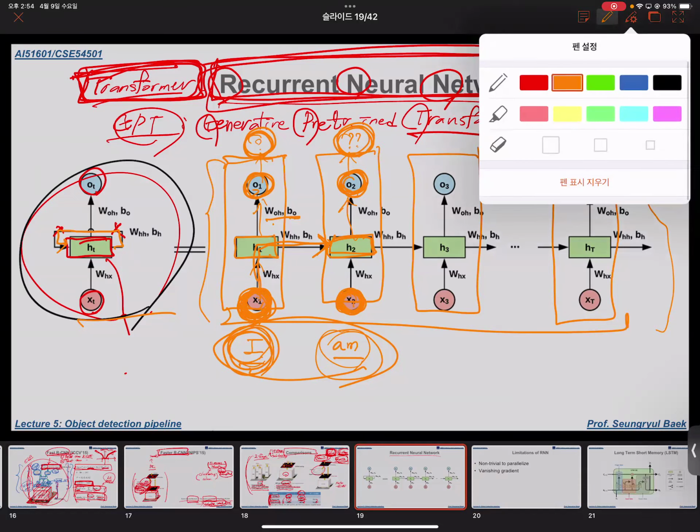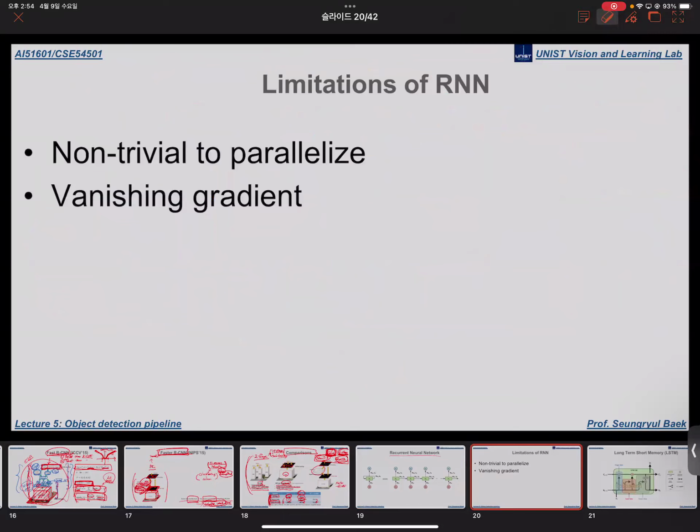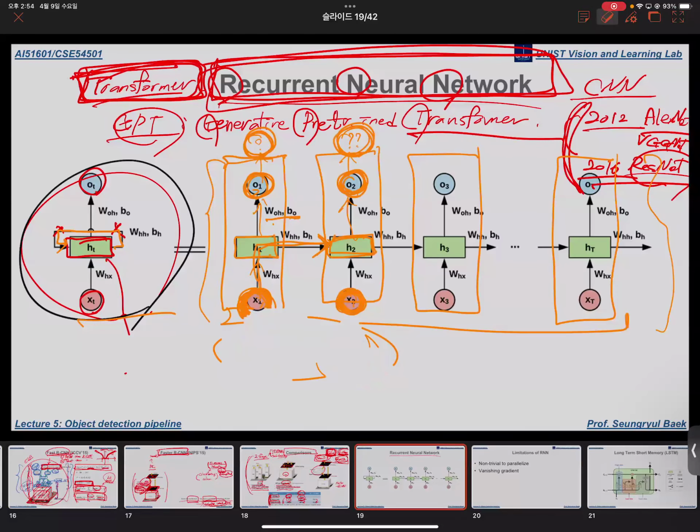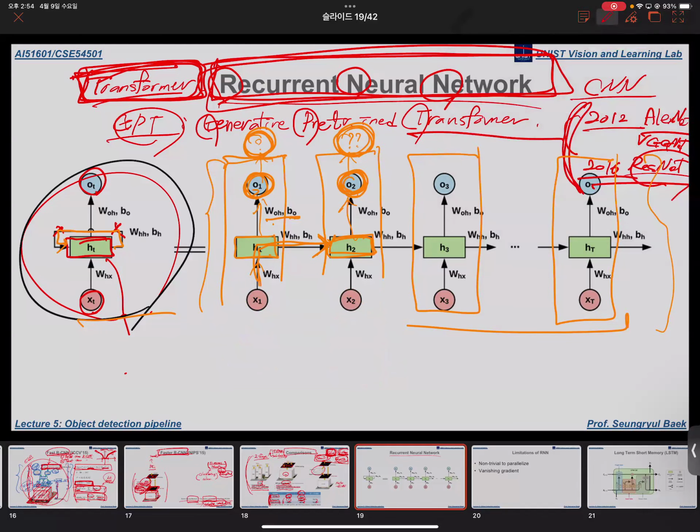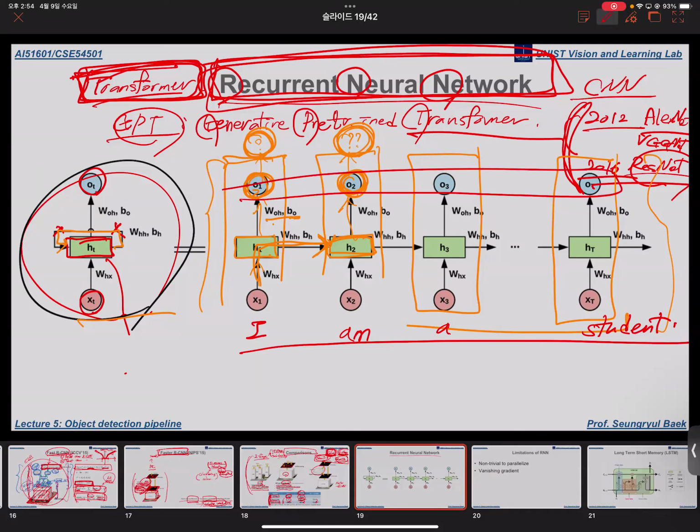And also we can think about this kind of thing. So let's say "I am a student." When translating this "I am a student" to French words, for "I," we can translate it seeing only that.